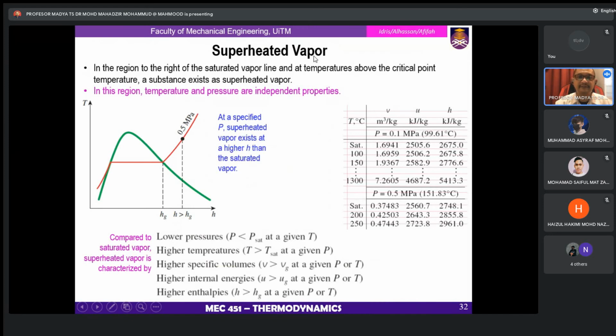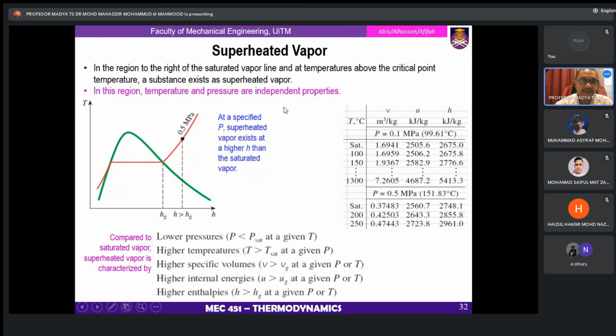So now we talk about superheated vapor. When the point or the state is in this region, on the right side, it means that the condition of the fluid is in the gas phase, because it is vapor.